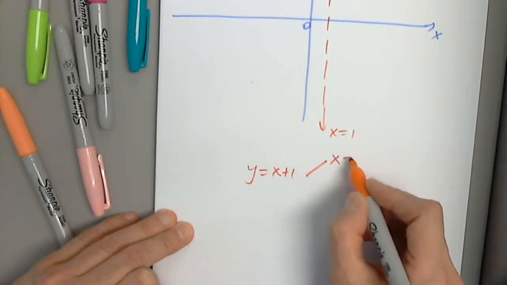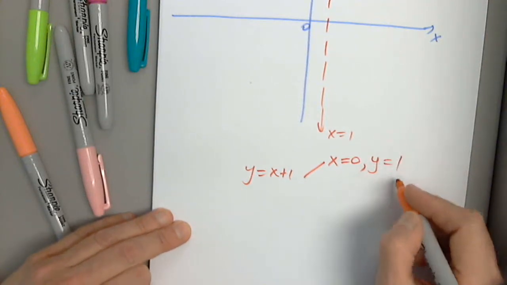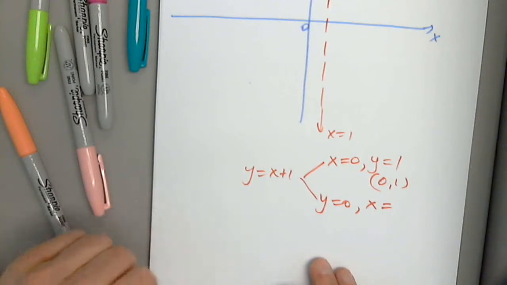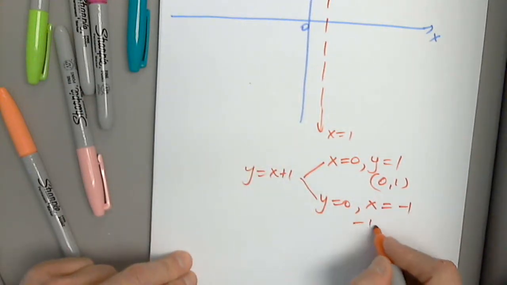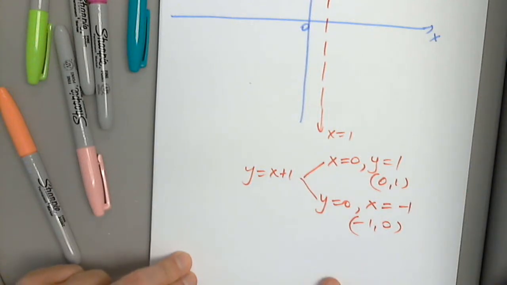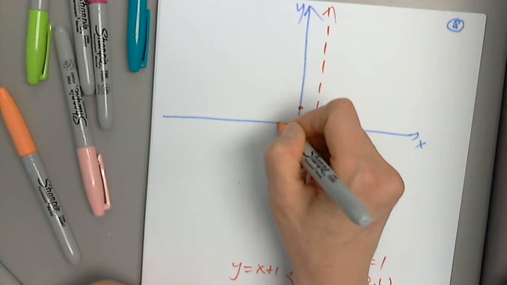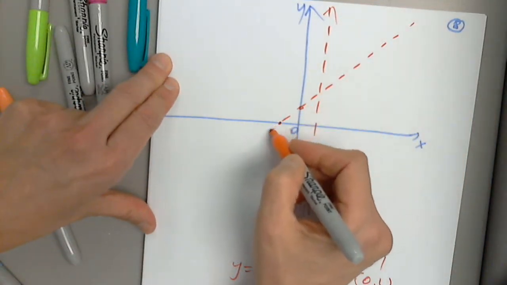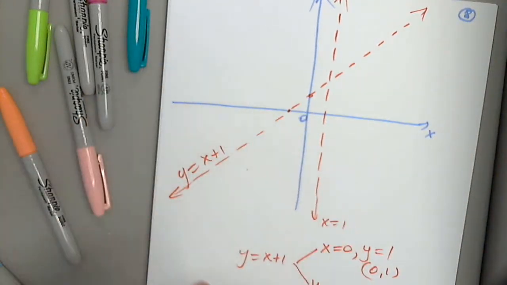Can anyone tell us, when x is 0, how much is y? Perfect, so 0, 1. And then when y is 0, how much is x? Very good. So negative 1 comma 0. So 0, 1, negative 1, 0. Y equals x plus 1.